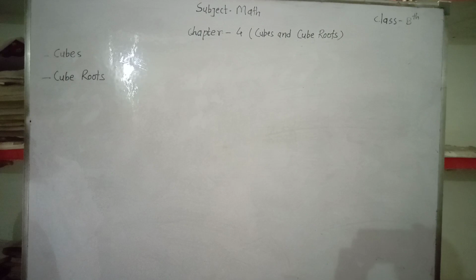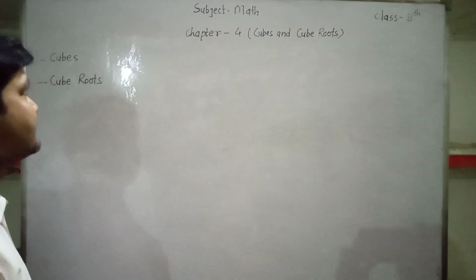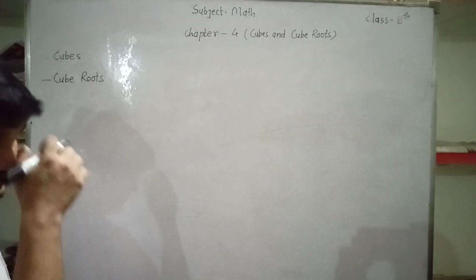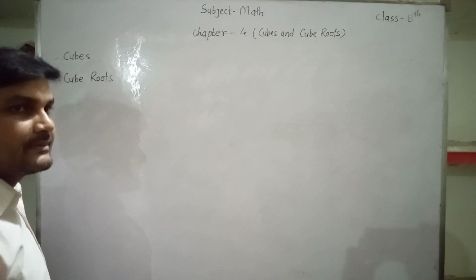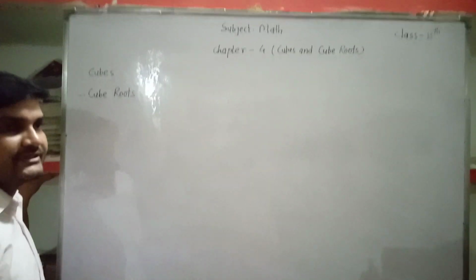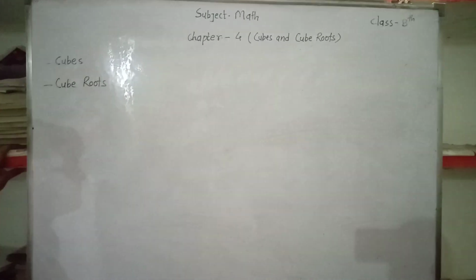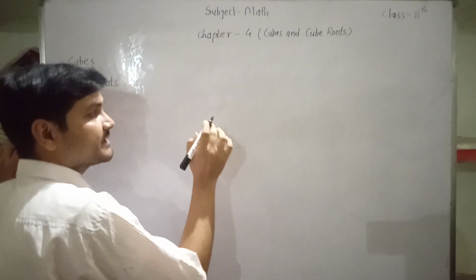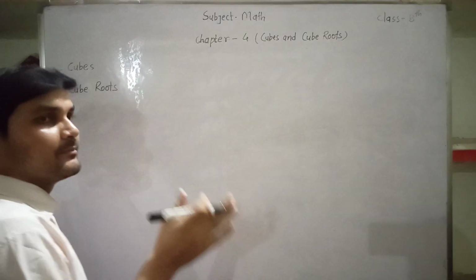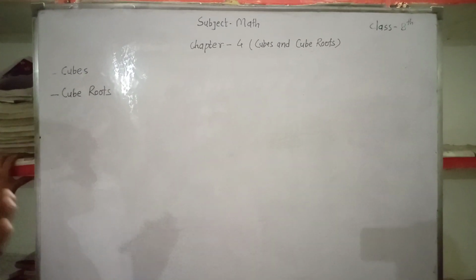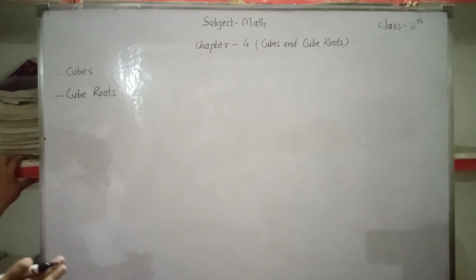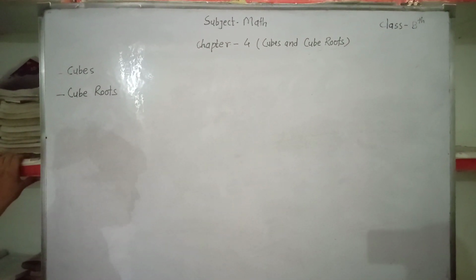Firstly, we will discuss about the cube. So the definition of the cube is that if any number is multiplied by itself 3 times, then the product of the number is known as the cube. I repeat again, if any number is multiplied by itself 3 times, then the product is known as the cube.